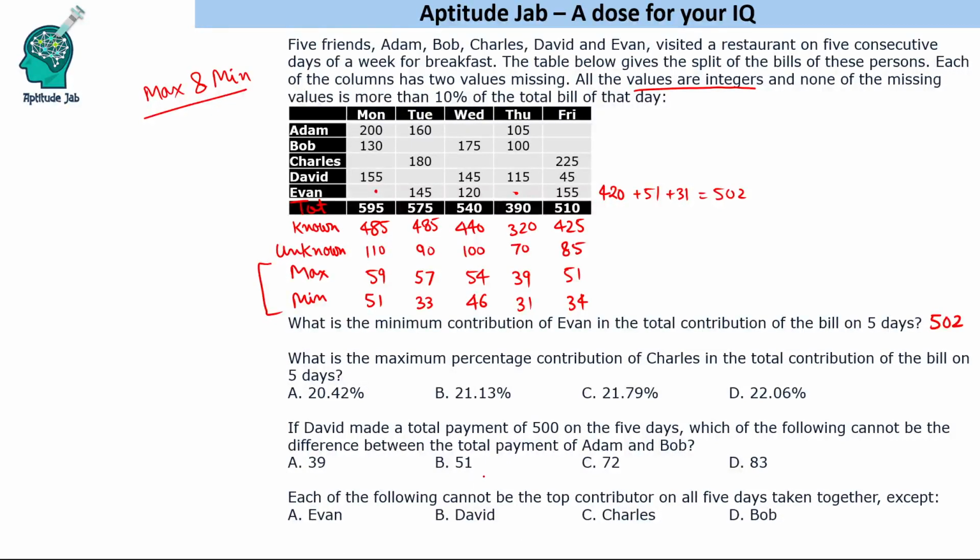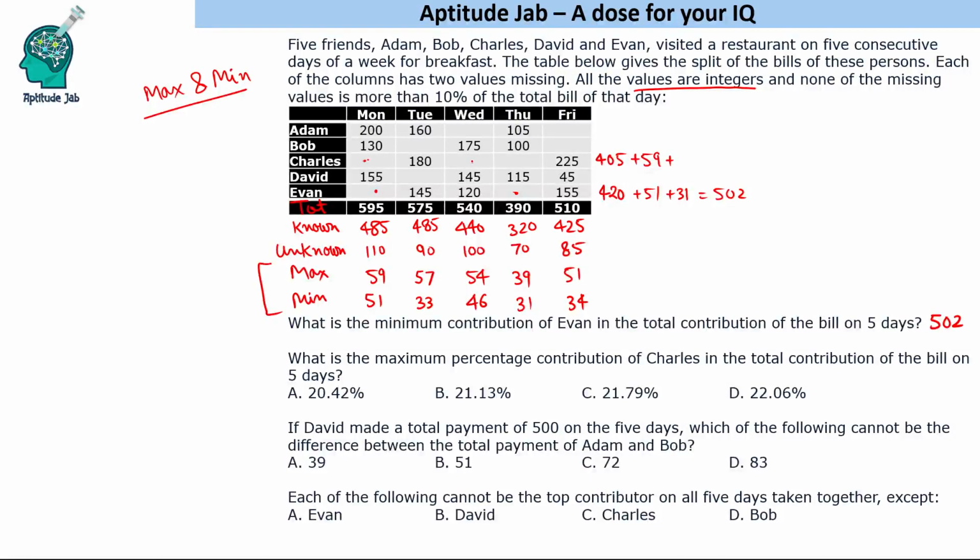Next question, what is the maximum percentage contribution of Charles in the total contribution of the bill on the 5 days? So we have to find the maximum for Charles and compare with respect to the total. So it's calculation based. This was easy. This is a time taking process. Okay, so let us find it. This is 405, that is fixed. Then we will try to find his maximum. So suppose he contributes maximum, he can contribute 59 here.